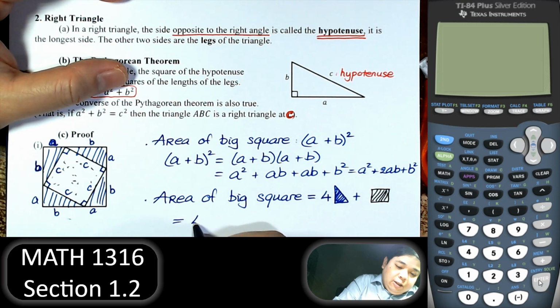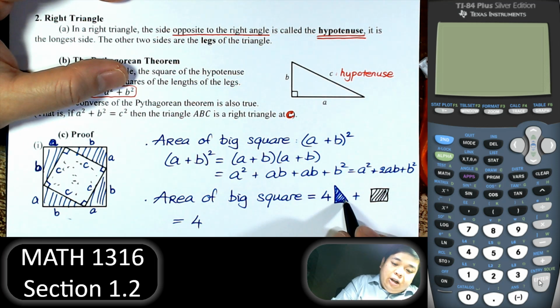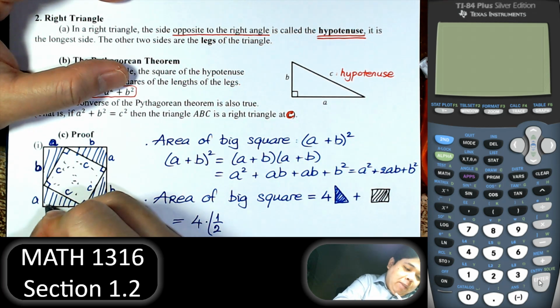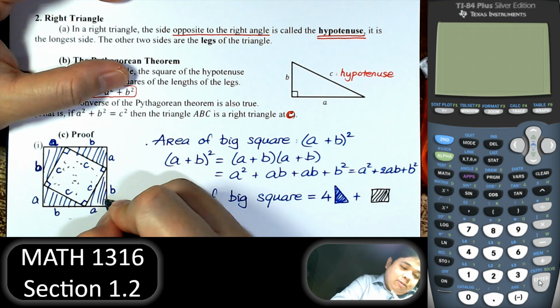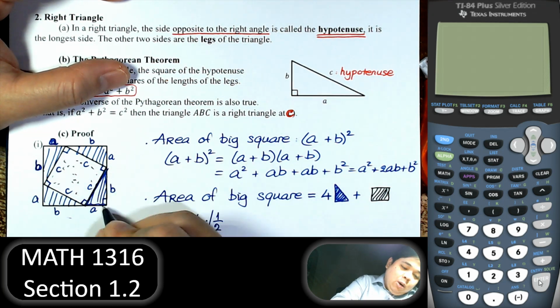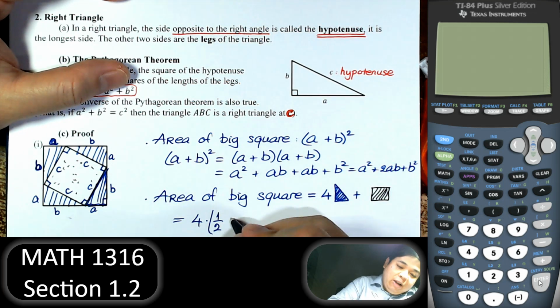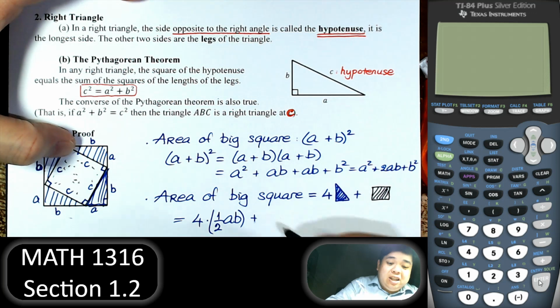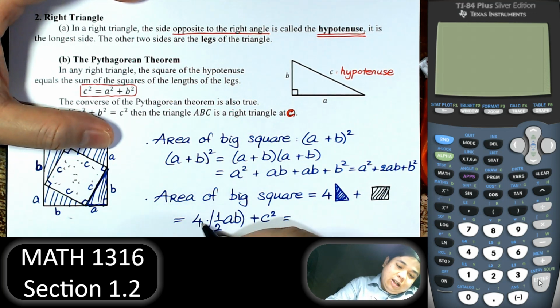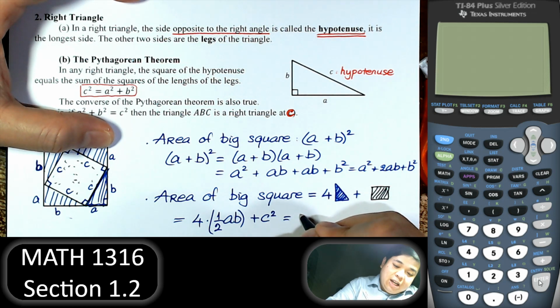The area of a triangle is 1/2 base times height, 1/2 A times B, and the square with side C will be C squared. So this gives us 4 times 1/2, that cancels out, we have 2AB plus C squared.